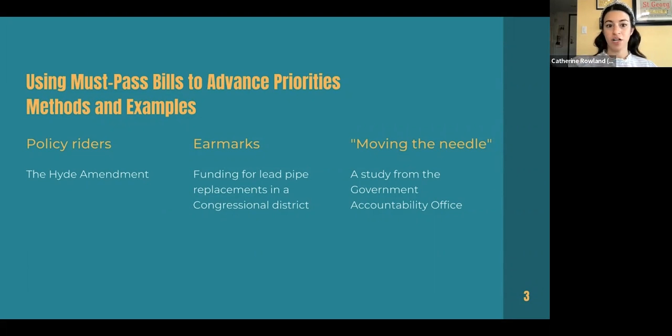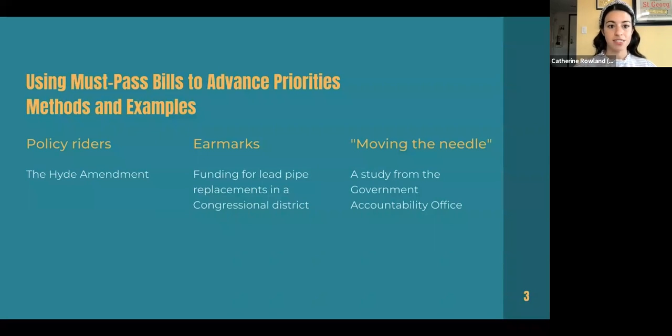Lots of earmarks were included in the final 2022 appropriations bill that was signed into law in March. Members won funding for lead pipe replacements in Michigan, substance use treatment services in Massachusetts, housing for young adults experiencing homelessness in Texas, and a lot more.